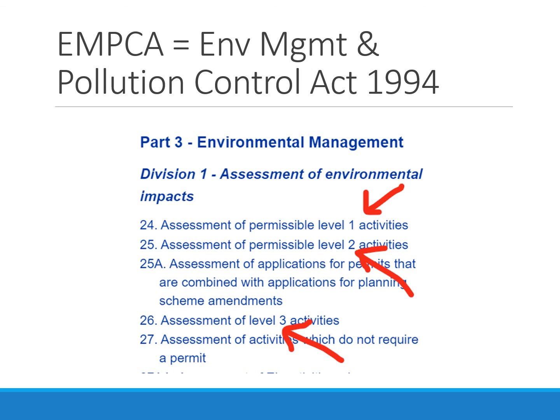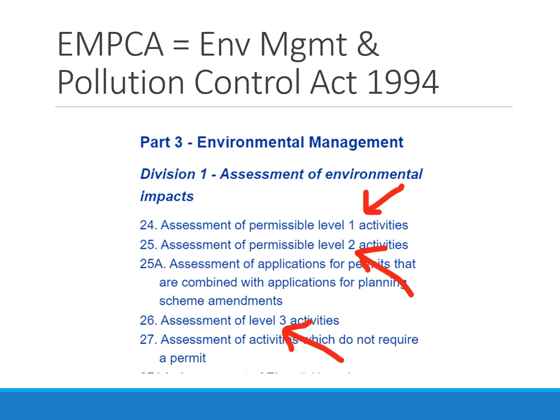a list of activities that automatically have quite a large potential for environmental impact, things like abattoirs and salmon farming, marine farming, that automatically go through to a higher level assessment that the Environmental Protection Authority does rather than Council does, so that you can get expert input. There are also level 3 activities, which are really huge complicated ones like pulp mills, we won't talk much about them because it's a whole different ball game, so to speak.